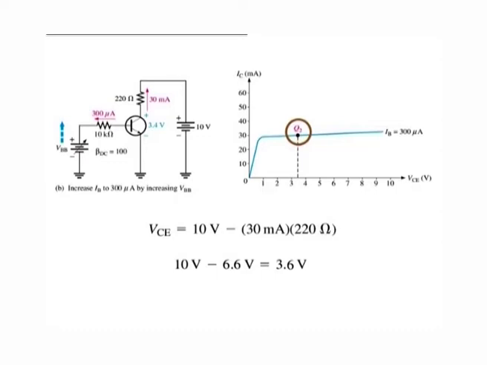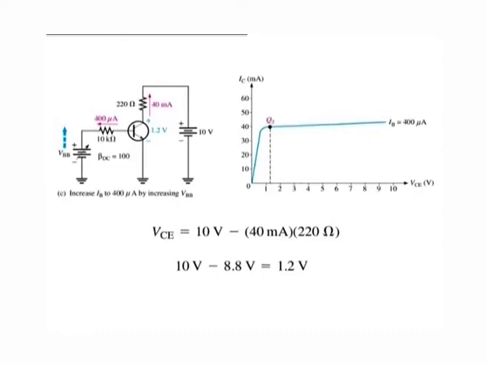Finally, as in figure here, VBB is increased to give an IB of 400 microamperes and an IC of 40 milliamperes, then VCE becomes 1.2 volts. The corresponding Q point is shown on the graph as Q3.